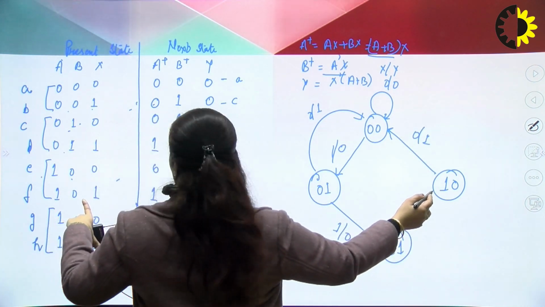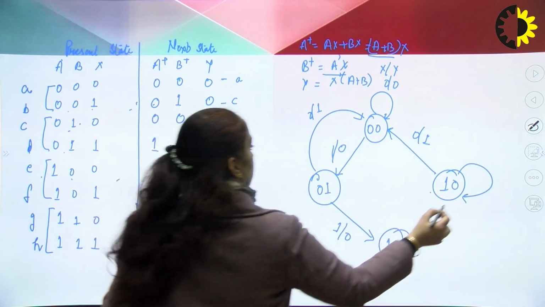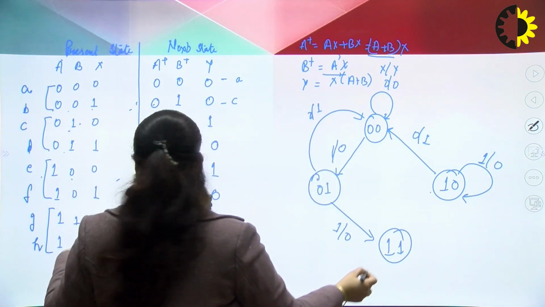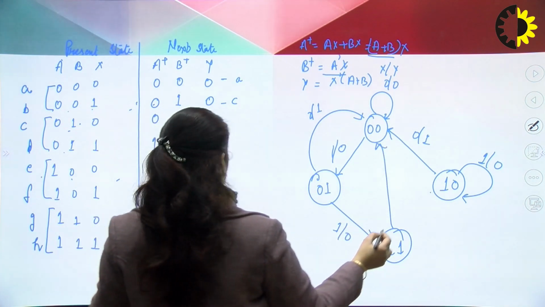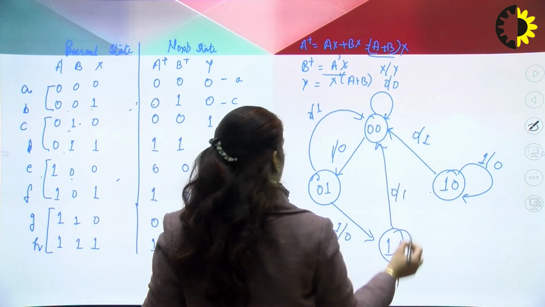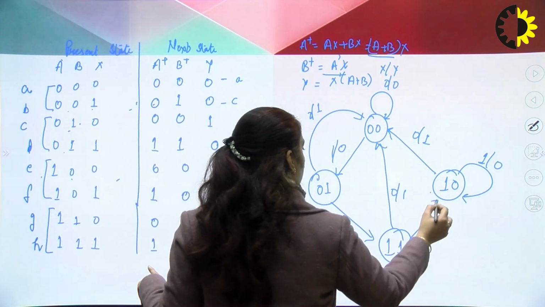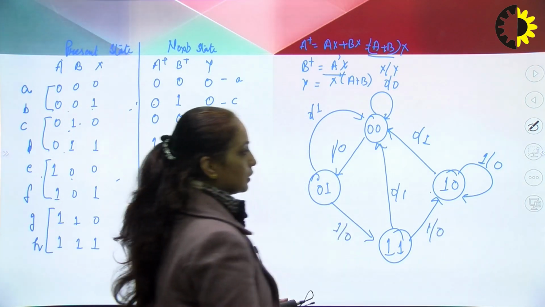From 1, 0, it will remain in the same state when x is 1 and y is 0. From 1, 1, it will go to this state when x and y are 0, 1, and it will go to this state when x is 1 and y is 0.